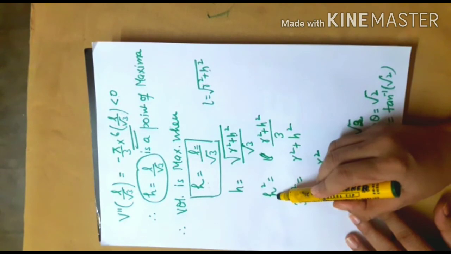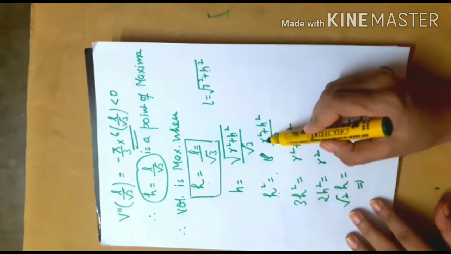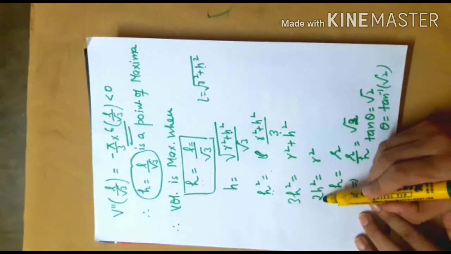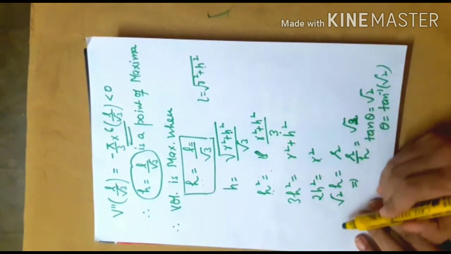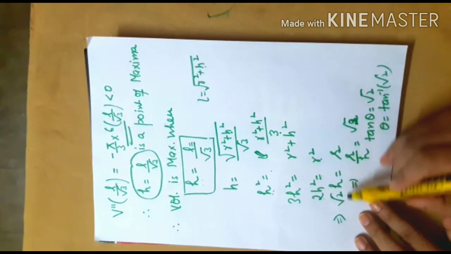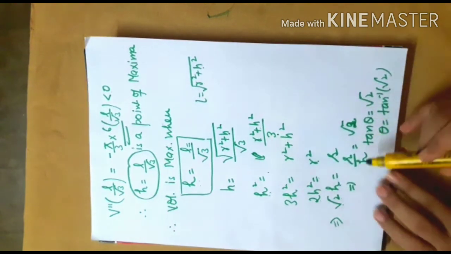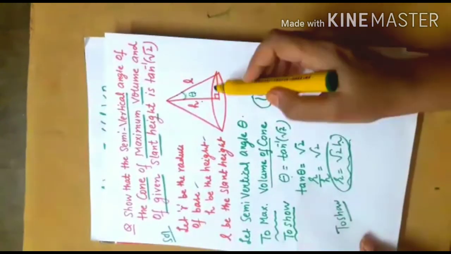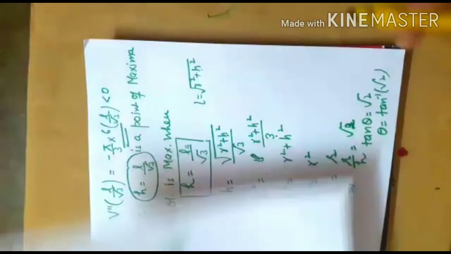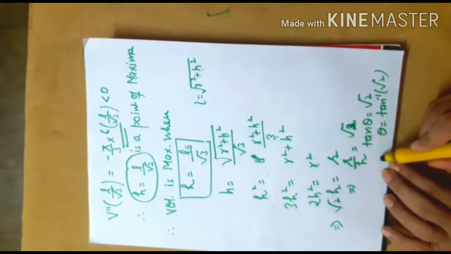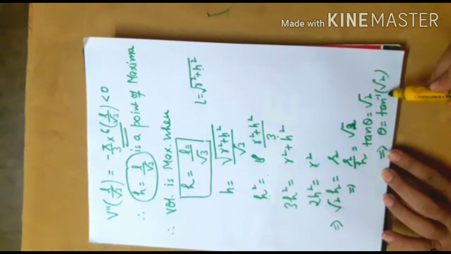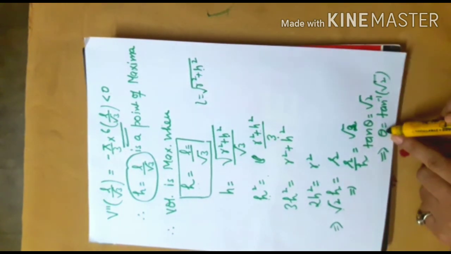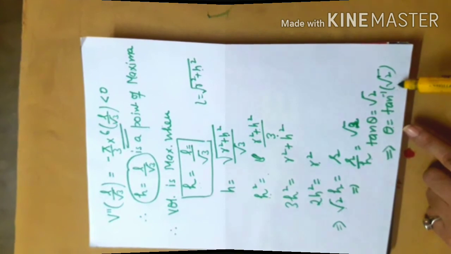Squaring both sides, I'll get h square is equal to (r square plus h square) over 3. On simplification, I'll get 2h square is equal to r square, and this implies r is root 2 times h. That is, r over h is root 2. And what is r over h? It is tan theta. So tan theta is root 2, and this implies theta is tan inverse root 2. So when the volume is maximum, the semi-vertical angle theta is tan inverse root 2.